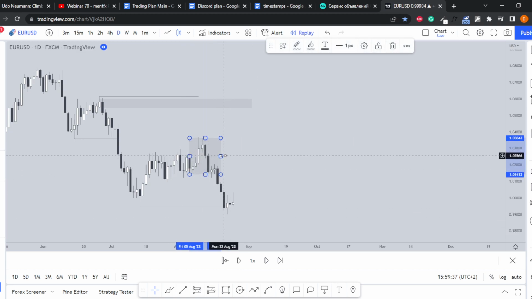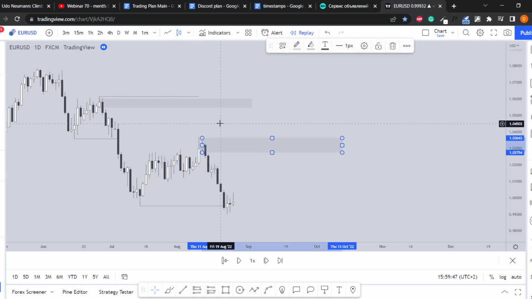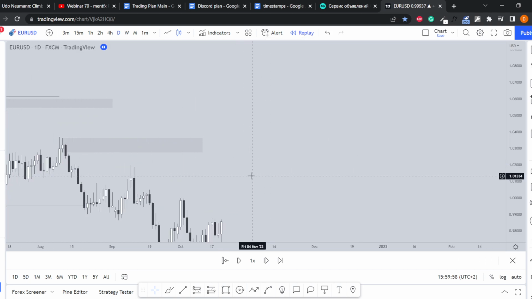This is already a smaller zone to use, but this zone is also quite big. So instead, we can use this smaller zone as a refined version of our zone. Okay, let's see what happens.